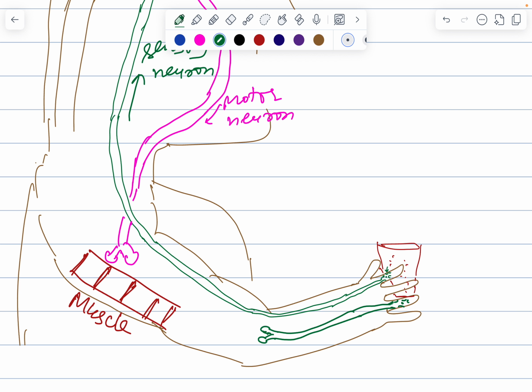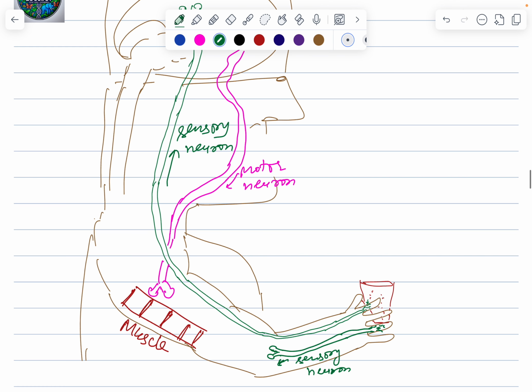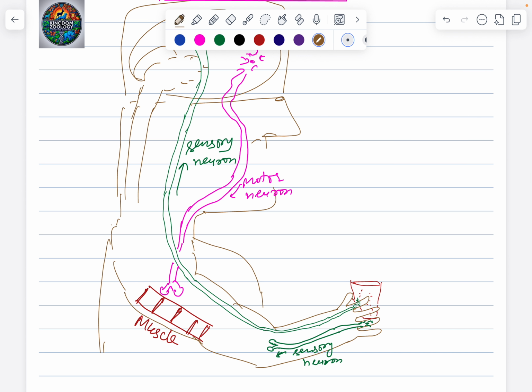It was supposed to collect the information from this finger and stimulate the brain about it, but it has ended midway, near the elbow only. So how do I send the information now to the brain?